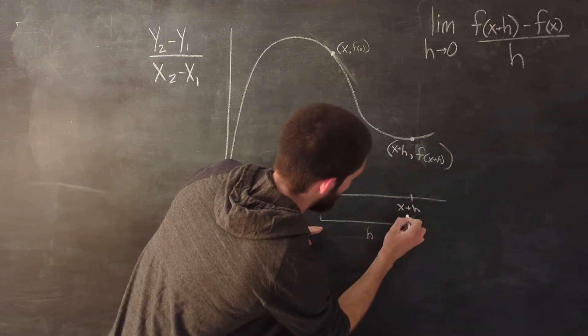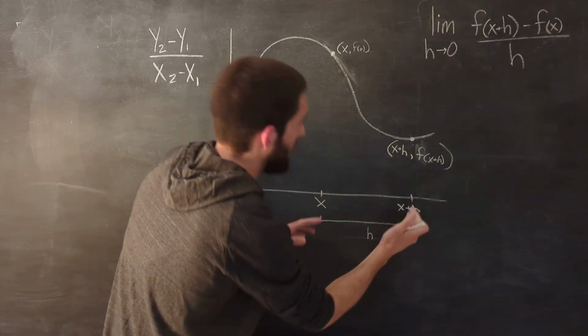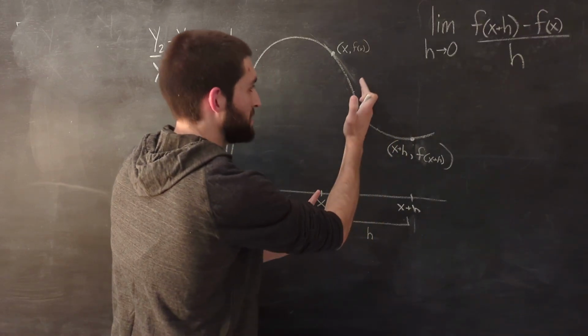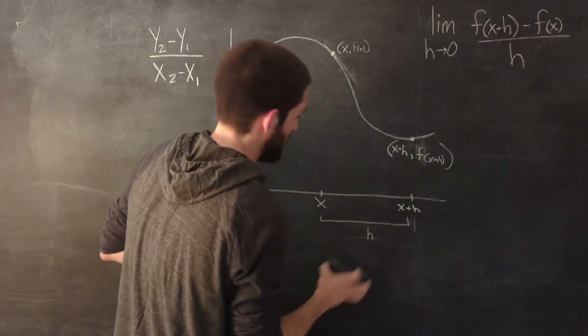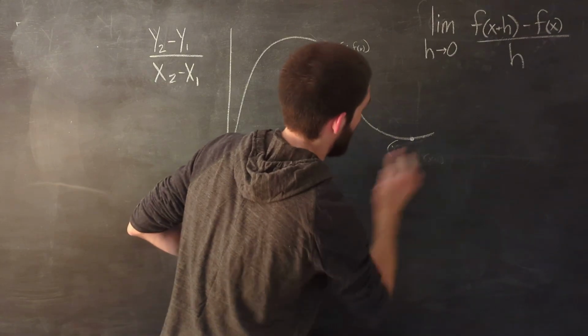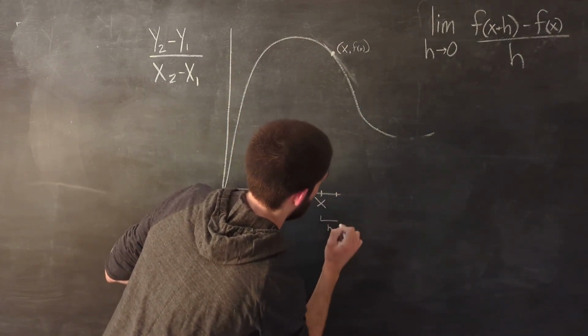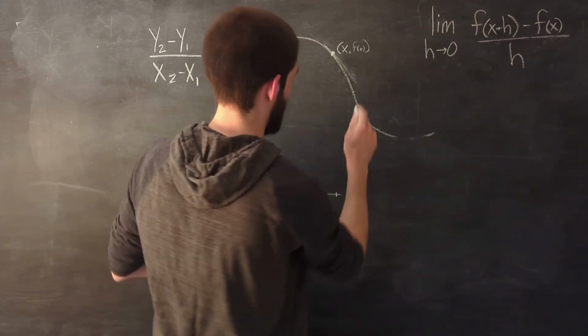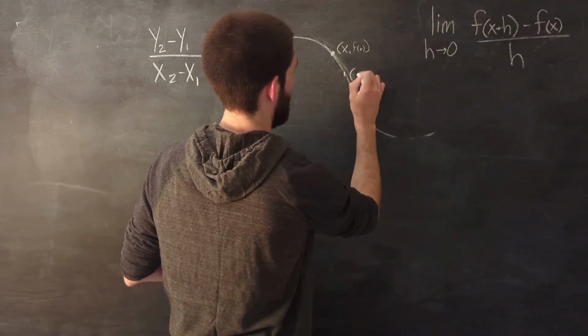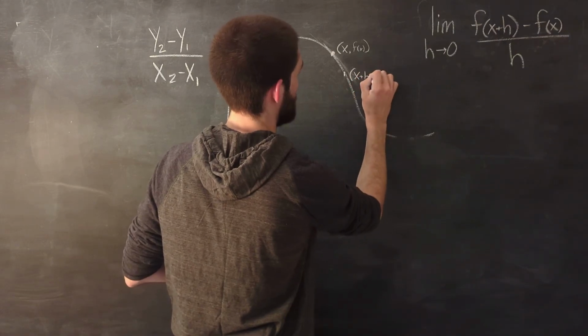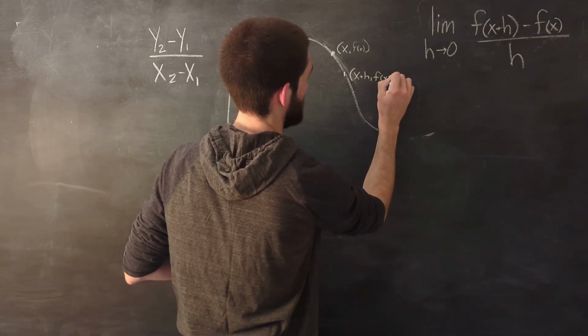Sure. Let's say that h is a little bit closer. And then let's just keep moving h closer until all of a sudden we have a point. We say that h is so small, this distance is so small, it's right here. Now all of a sudden you have a point right here called x plus h, f of x plus h.